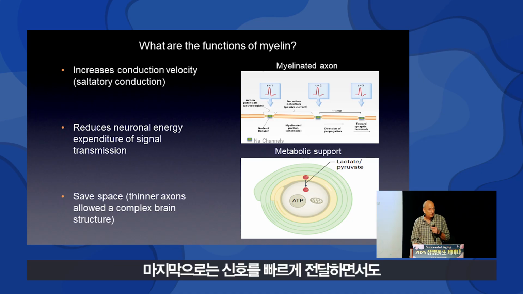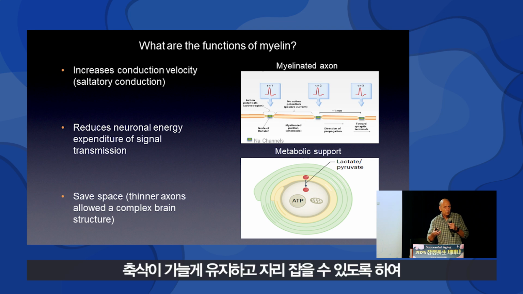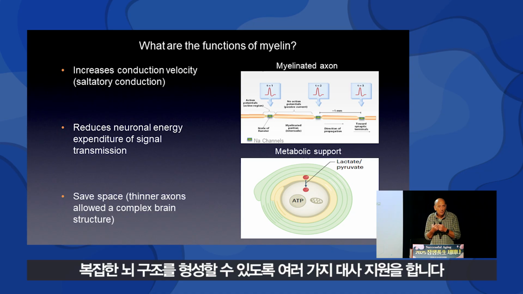And the last function of myelin is to give support to the nerve cells, give support to the axon. It gives trophic support, helps it to stay alive, but it also gives metabolic support.